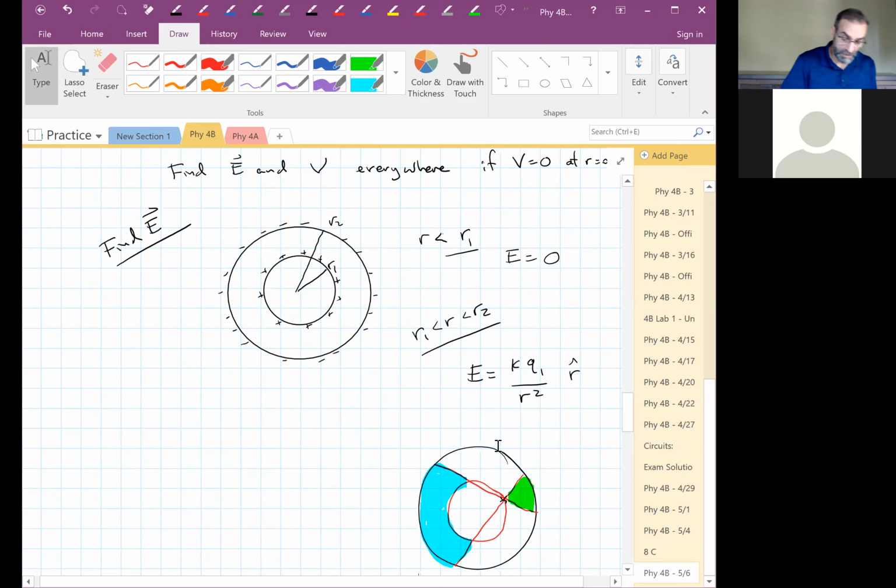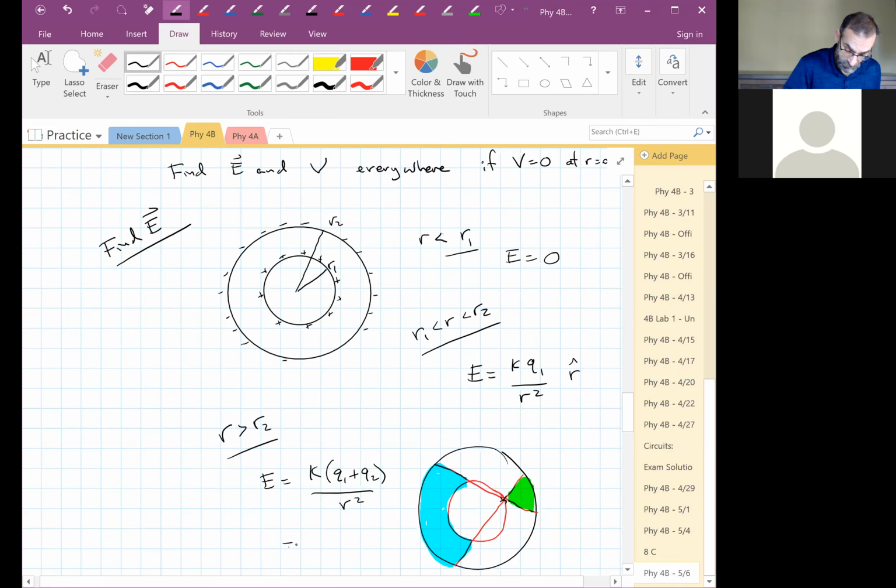All right, R greater than R2. What's the electric field? So that's negative charge.